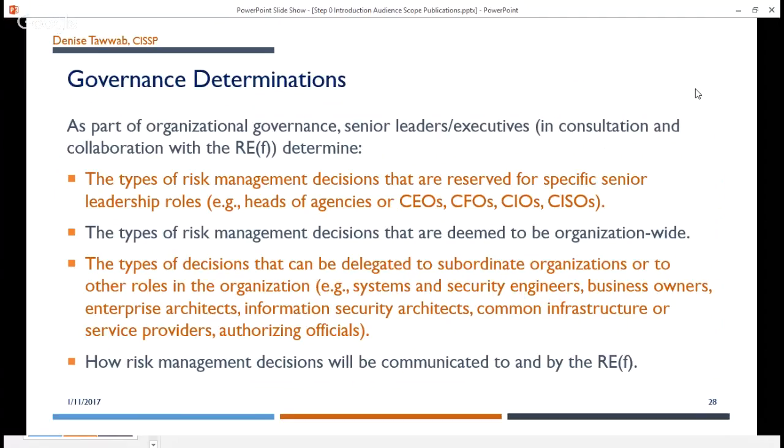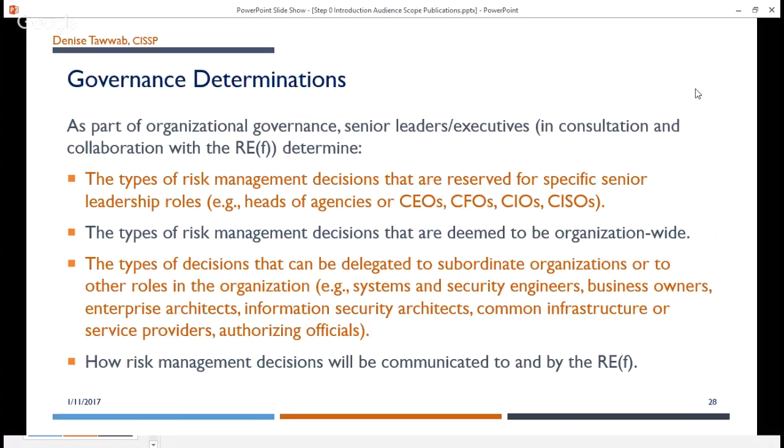All right, governance determinations. As part of governance, senior leaders, in consultation with what's called the risk executive function, will determine the types of risk management decisions that will be reserved for specific senior leadership roles. Because there are a lot of decisions, as you can imagine, that go with the risk management process and certainly with information security risk management. So at the top, we decide who is responsible for what decisions. The types of risk management decisions that are deemed to be organization-wide tend to happen at the senior level.